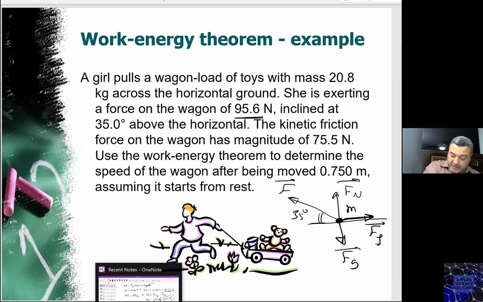Theta is 35 degrees. The friction force is 75.5 Newton. Use the work energy theorem to determine the speed of the wagon after being moved 0.75 meter.